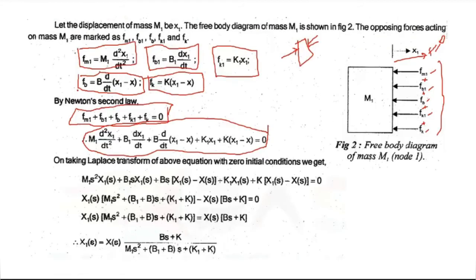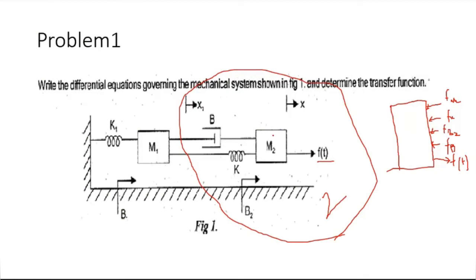Fb. Here is a point you must remember. Fb has at one side a displacement x and on the other side displacement x1. So the reference point here, we are considering node 2. The reference point is this. So the equation must be b into d by dt of x minus x1, not x1 minus x. It is x minus x1.